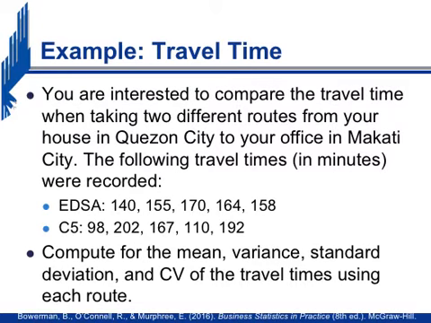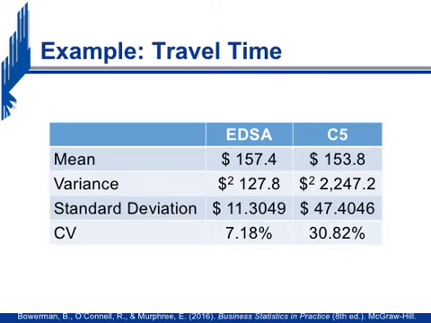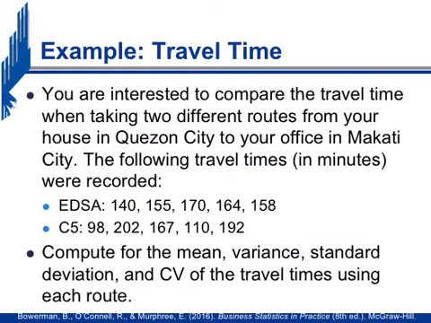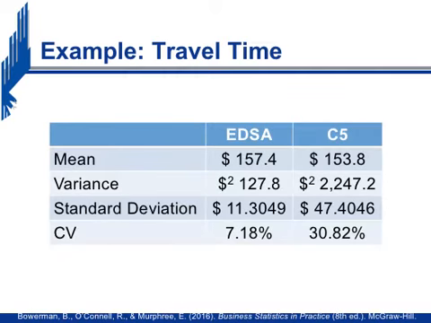So if we compute for those values using the formulas or the calculators or your Microsoft Excel, you should get the following values. So the mean for EDSA is 157.4, while the mean for C5 is 153.8. Sorry, the unit here should not be dollars, it should be minutes. So for variance, it should be minutes squared, and for the standard deviation, it should also be in terms of minutes.